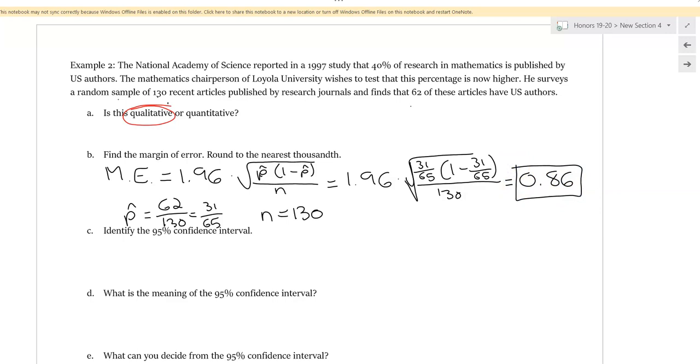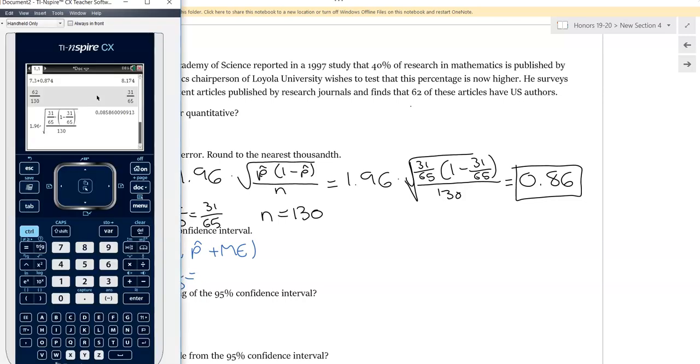So now our confidence interval for qualitative, remember, is p hat minus our margin of error and p hat plus our margin of error. Here I'm going to get our p hat as a decimal now. Remember, when you want a decimal on these calculators, if you hit Control then Enter, it'll give it to you as a decimal. I'm going to round to the thousands place, 3 decimals.